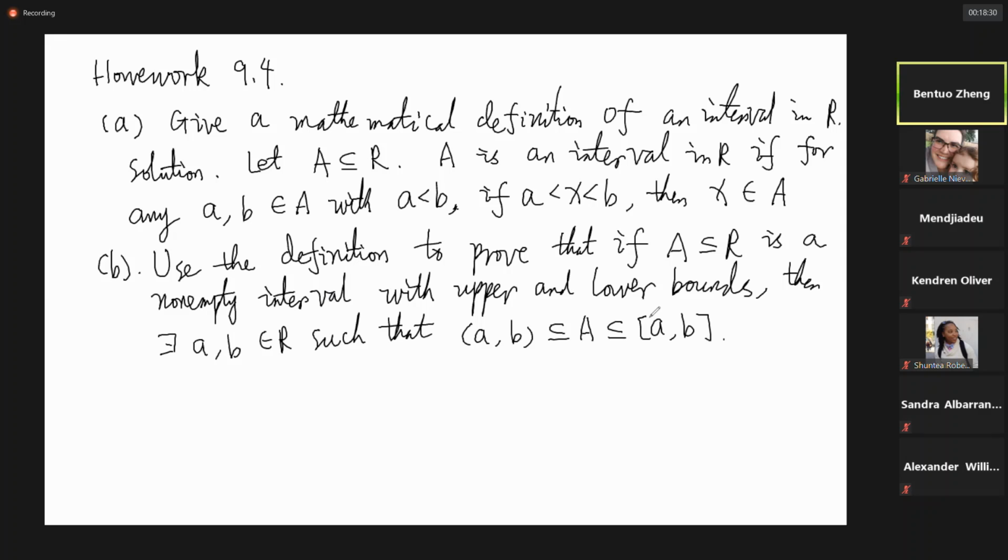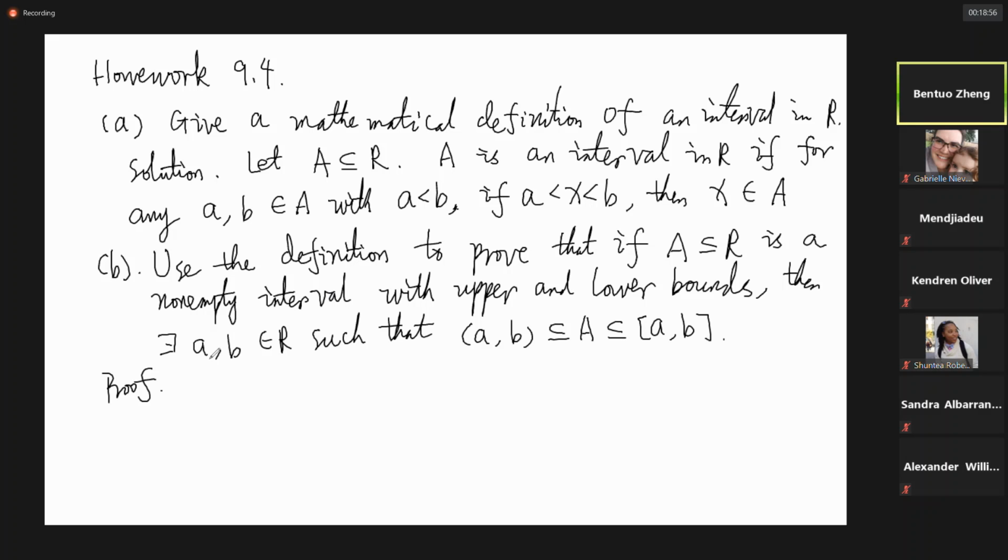All right. So we have to use the definition of interval. Let's look at the proof. The key is that here we just want to prove there exist a and b in R satisfying the condition, so the key is to find a and b.